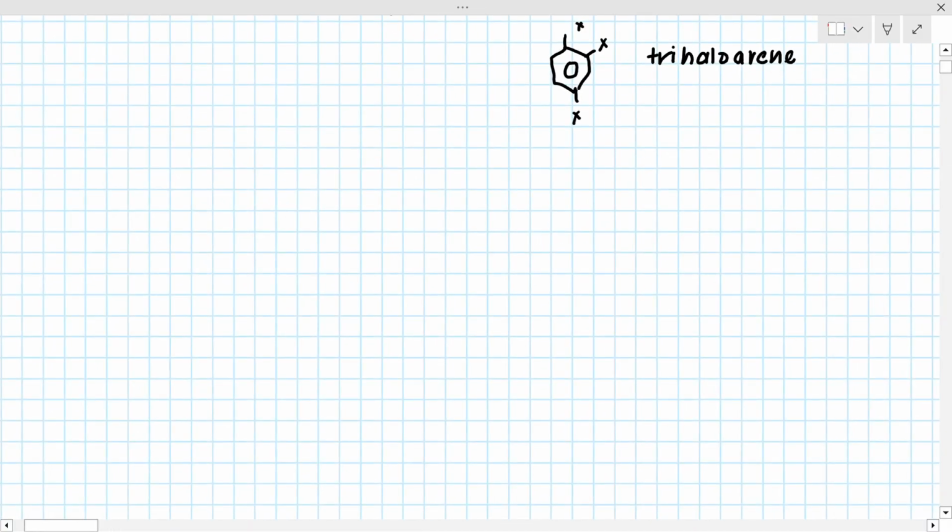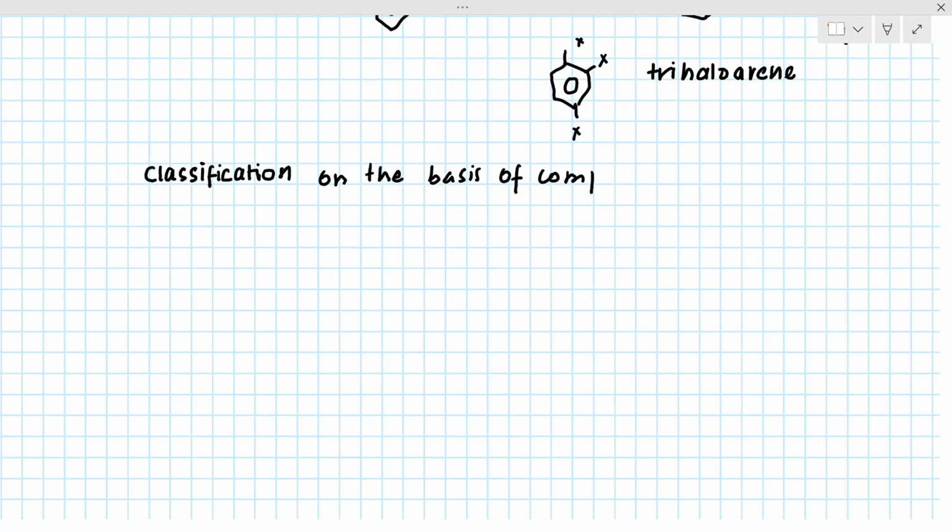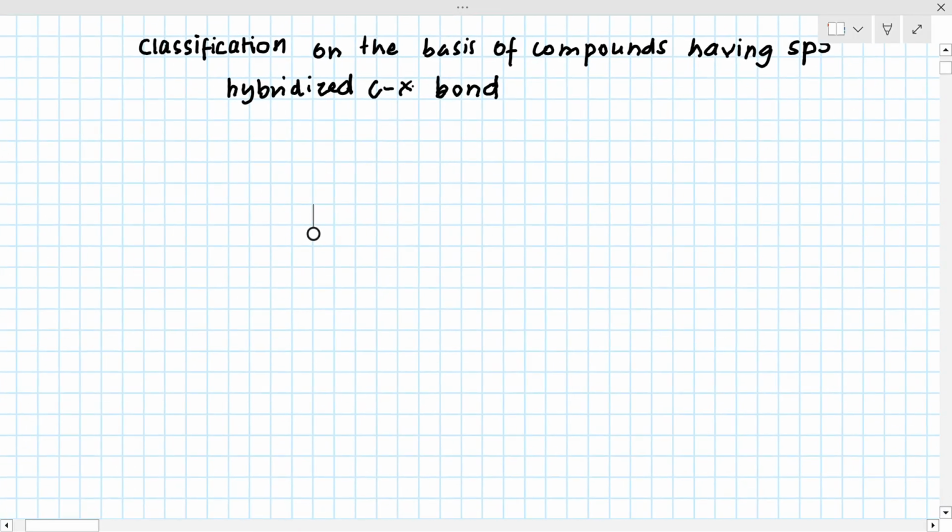Now we'll go to one more very important basis of classification: classification on the basis of compounds having sp3 hybridized carbon-X bond. In this, it is classified into three things.